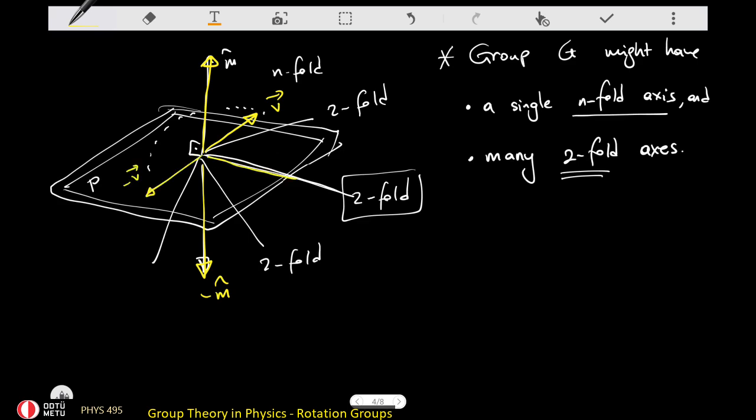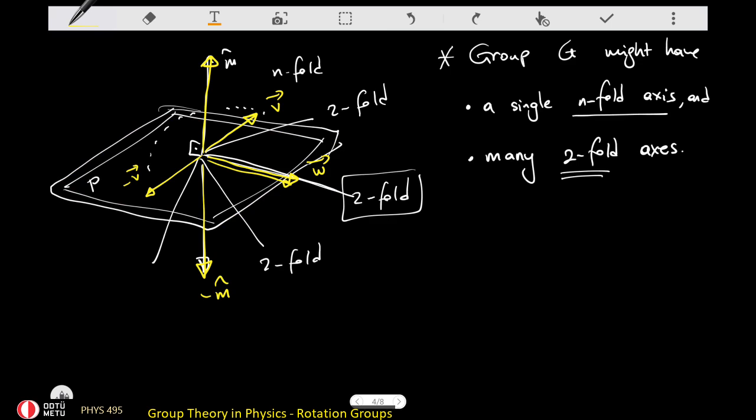But it maps this direction, let's call this W, into itself. So as a result, within the plane, it looks like the effect of that twofold rotation is just like a reflection, right? But it's not a reflection, of course. In 3 dimensions, the operation is not a reflection, but in 2 dimensions, the effect actually amounts to a reflection.